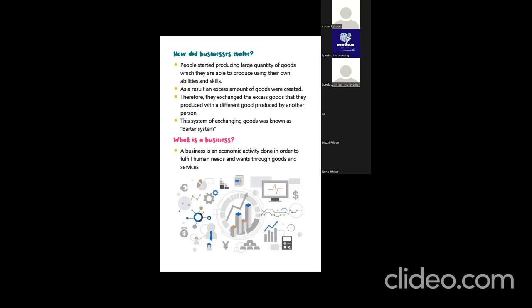Businesses fulfill human needs and wants through different types of goods and services. To memorize the definition, always remember the keywords: it's an economic activity, and it fulfills human needs and wants through goods and services.